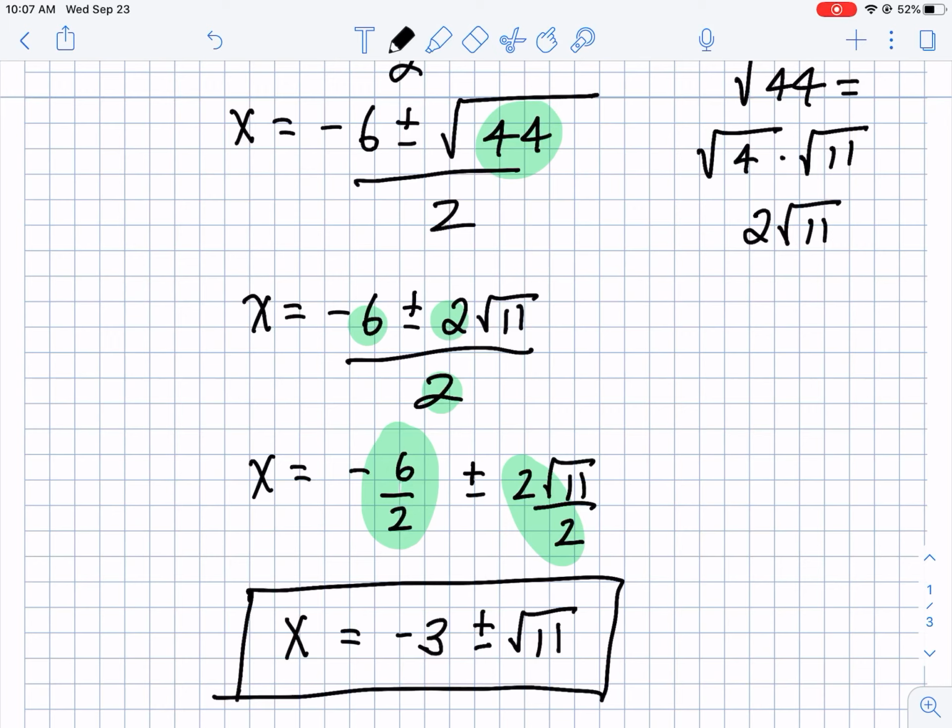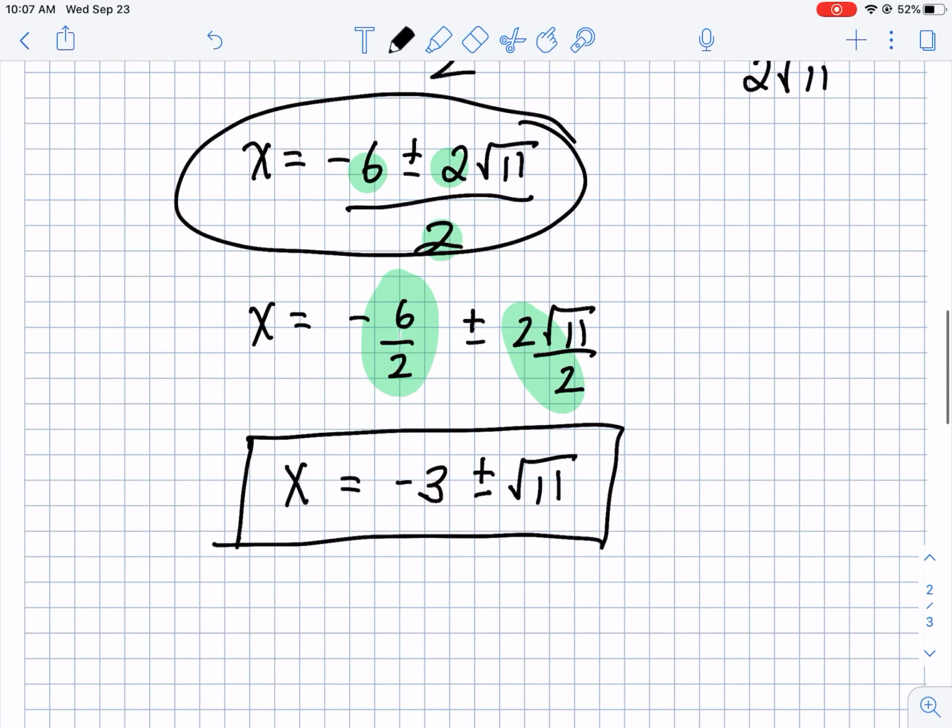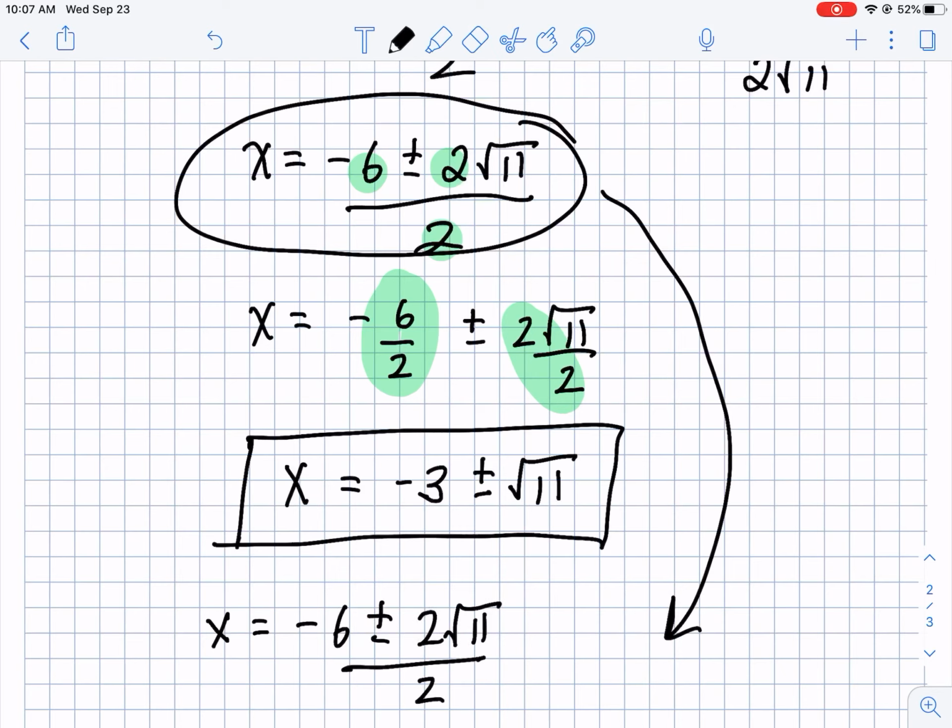Now, I simplified this fraction by splitting it into 2 different fractions. You don't necessarily have to do that. So there's another method I'm going to show you down here. Let's say we had x equals negative 6 plus or minus 2 root 11 over 2. And I notice that 6, 2, and 2 all have a common factor of 2.